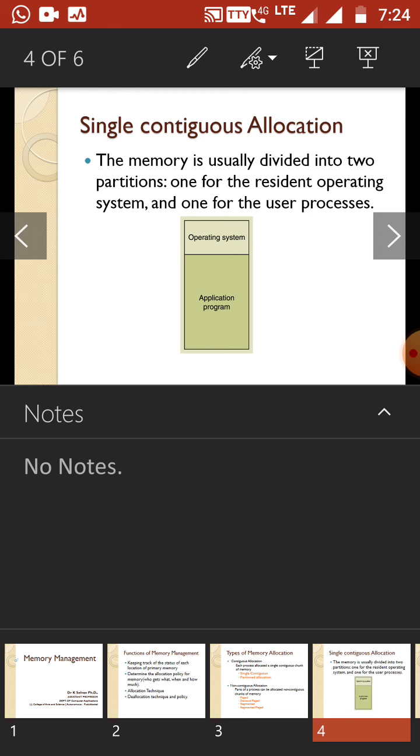Always remember that in low memory, the operating system is loaded and executed. In the high memory area, user programs are loaded and executed. Are you clear? The top partition is called low memory and the bottom one is high memory.